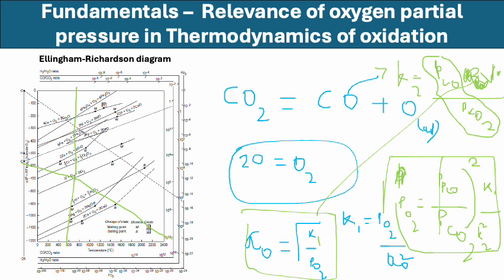So then for this silicon to oxidize to silicon oxide, we need very high carbon monoxide carbon dioxide ratio, which means that this reaction is rather in a very advanced stage.